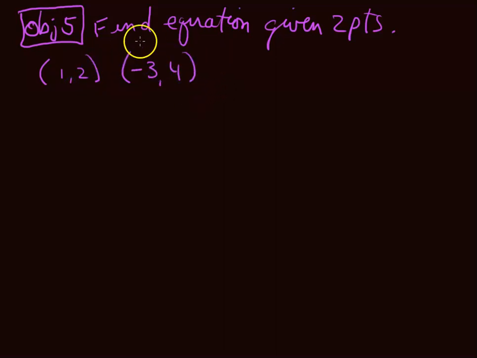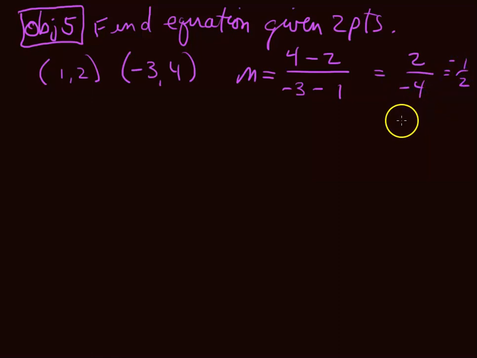If we're given 2 points, we can find the slope. It's y sub 2, 4, minus y sub 1, 2, over x sub 2, negative 3, minus x sub 1, 1. So the numerator is 2, the denominator is negative 4, and our slope is negative 1/2. And we can pick either of these 2 points for our point-slope form.